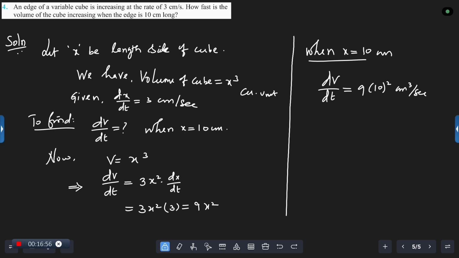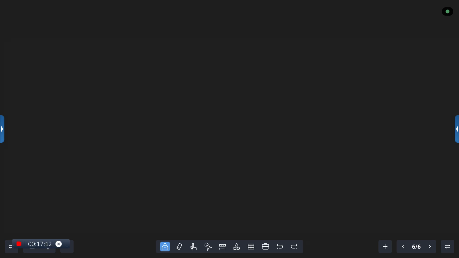That is equal to 900 centimeter cube per second. Any doubts? Yes. Shall we go one more question? What is that question number? 5. What is the fifth one? Yes. Stone is dropped.